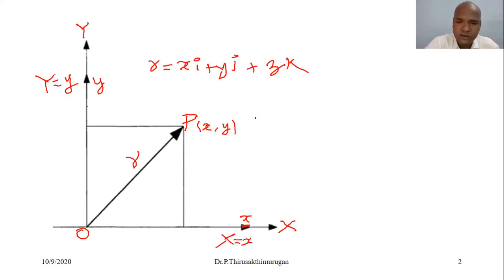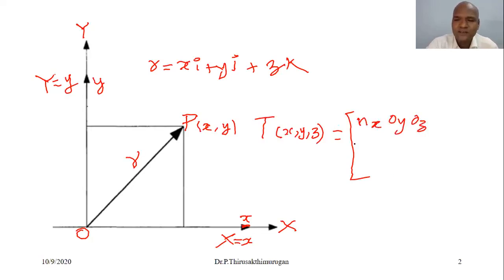The general representation of the transformation matrix, transform of x, y, z, is represented in a determinant format: nx, oy, oz. Similarly, qx, qy, qz.